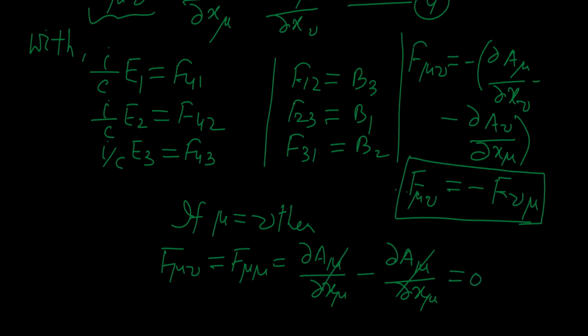So finally F mu mu is equal to 0. All those components for which these two indices are the same will be 0, and whenever the indices are reversed, the component changes its sign, its value remaining the same.